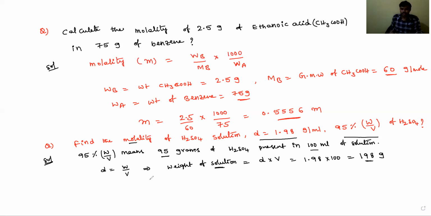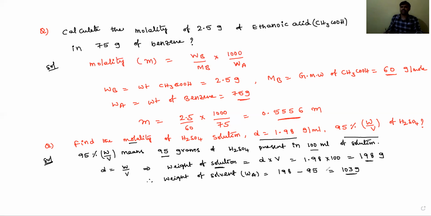Therefore, the weight of solvent WA is equal to the weight of solution 198 minus the weight of solute 95, which is 103 grams.